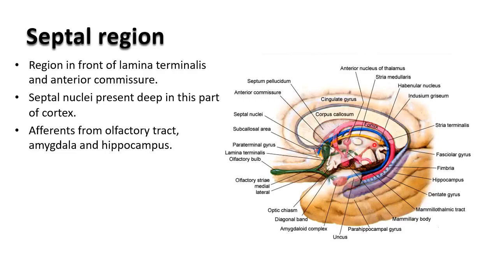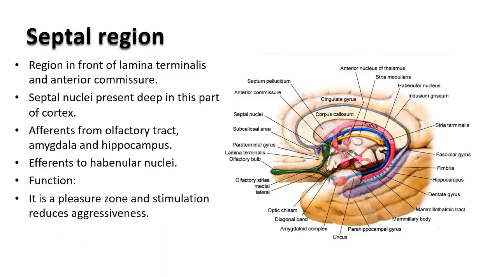The main function is that it is your pleasure zone. Pleasure and any reward is recognized in this area, and stimulation of this zone reduces aggressiveness. Okay, so that is about the septal region.